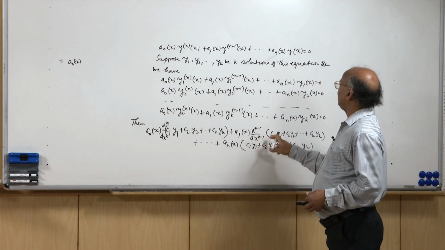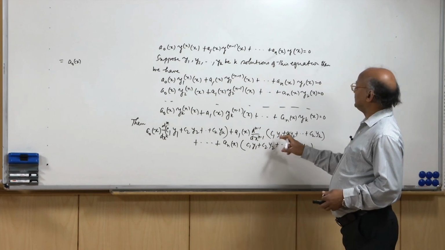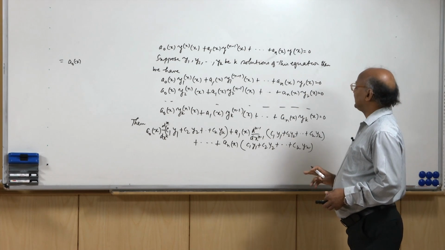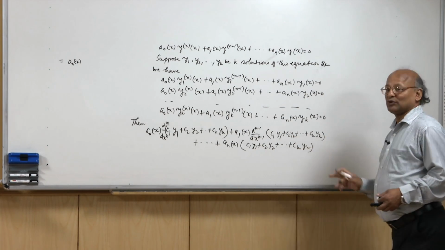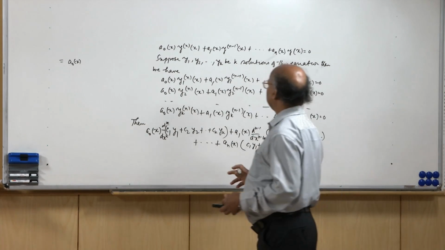Similarly, the n minus 1th derivative of this linear combination will be c1 times the n minus 1th derivative of y1 plus c2 times the n minus 1th derivative of y2 and so on, ck times the n minus 1th derivative of yk.